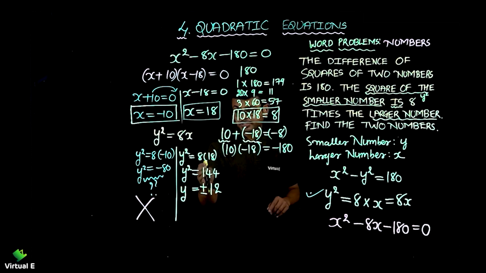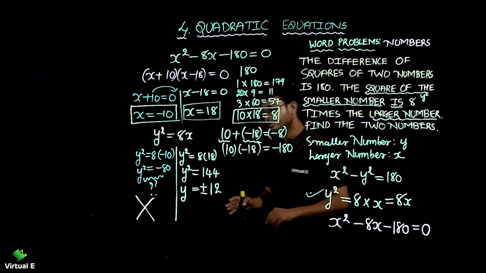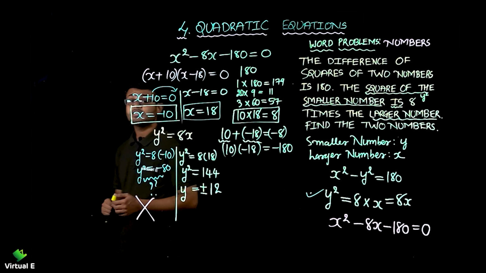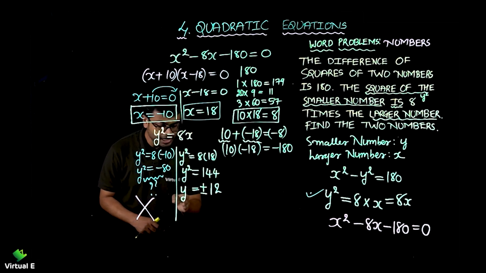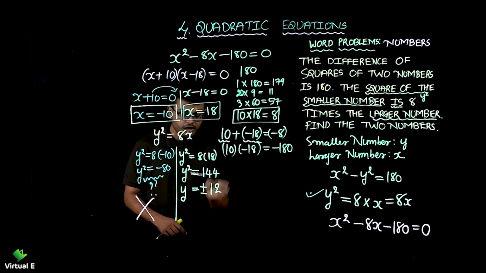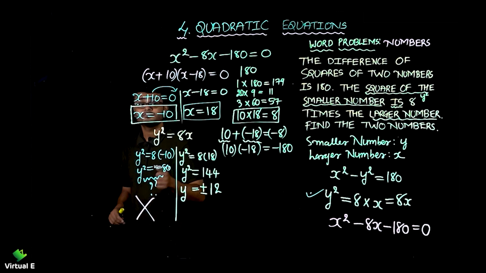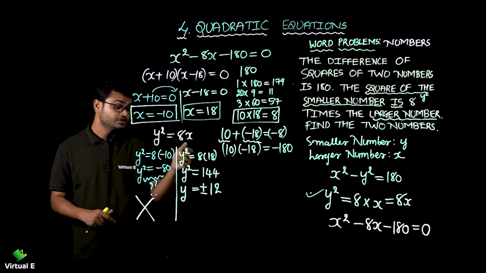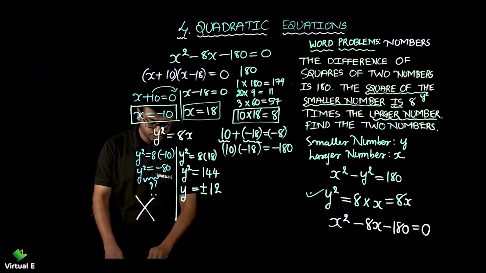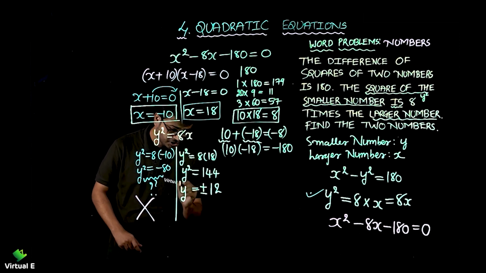It will be plus or minus 12. Right? So what is the condition here? That x is equal to 18 and y could be plus 12 or minus 12. Remember, there is one value of x, but there are two values of y. So this is our solution for this question.